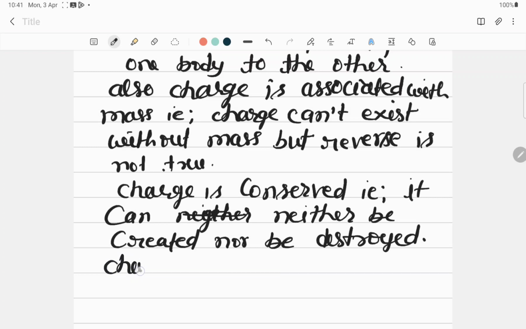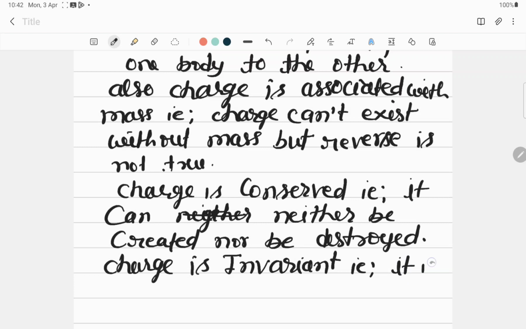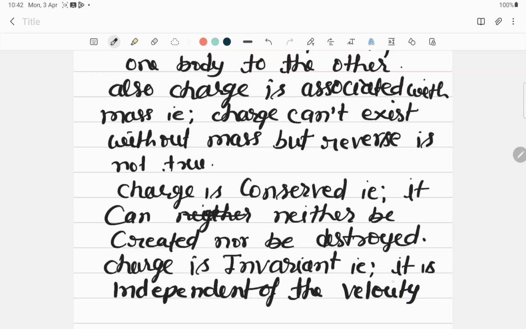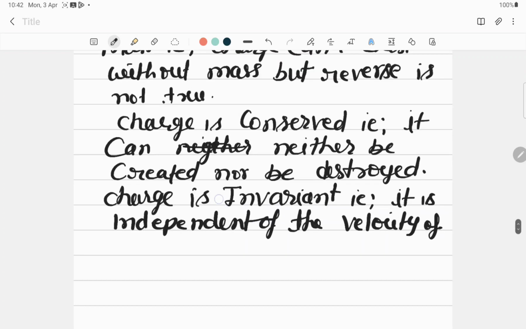Also, charge is invariant. That is, it is independent of the velocity of the charged particle.